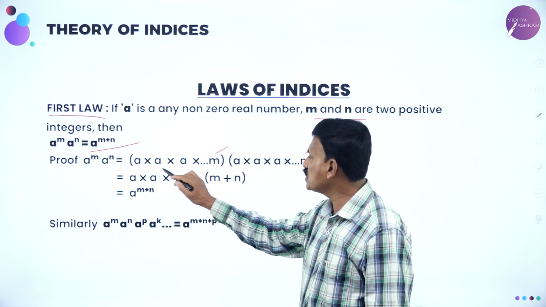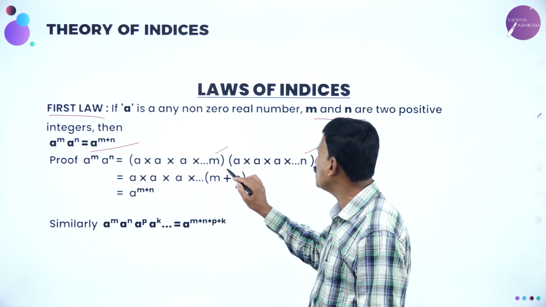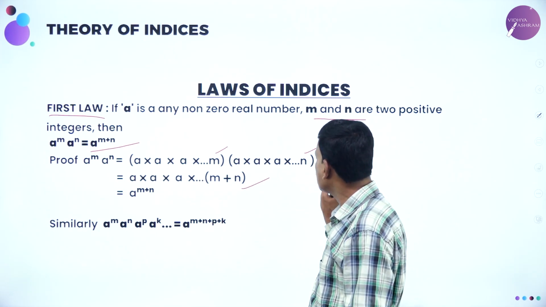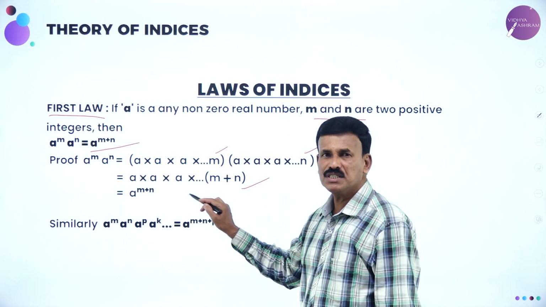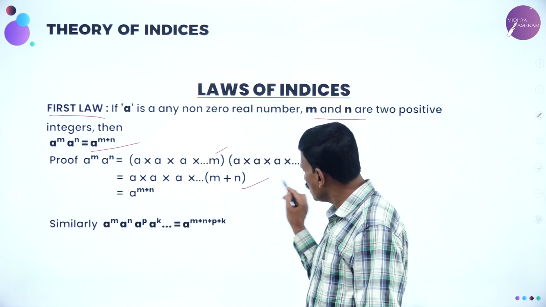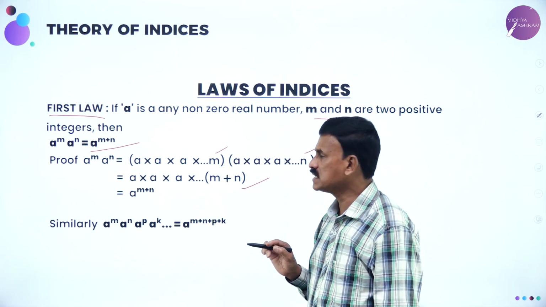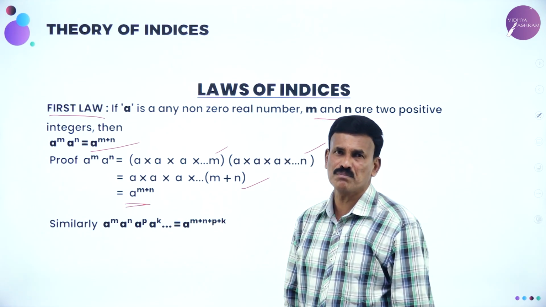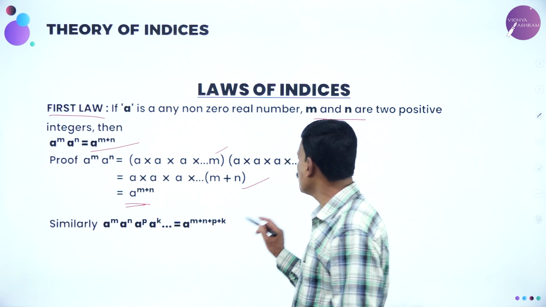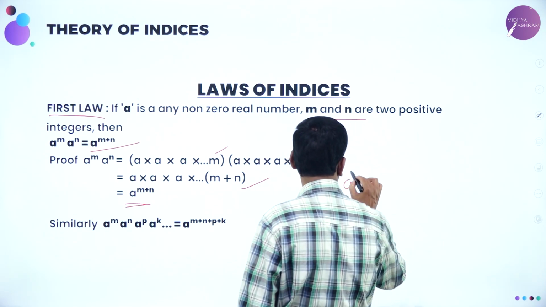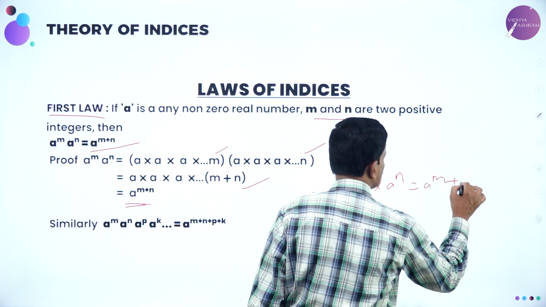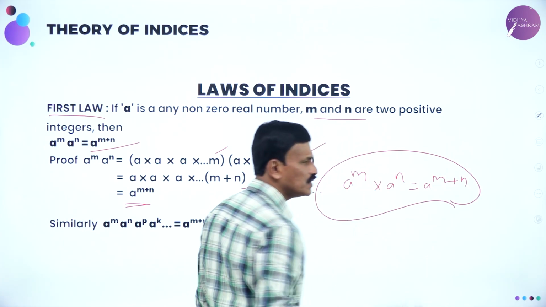So therefore this is nothing but a into a, m plus n times, a m times and a n times. So this can be written as a into a etc. up to m plus n times. So therefore this can be written as a to the power of m plus n. So what is the conclusion? Therefore a to the power of m into a to the power of n is always equal to a to the power of m plus n.